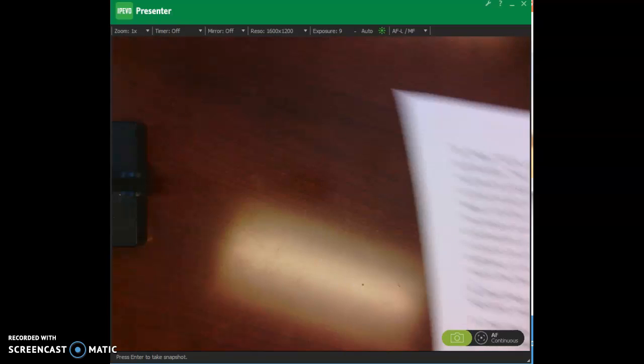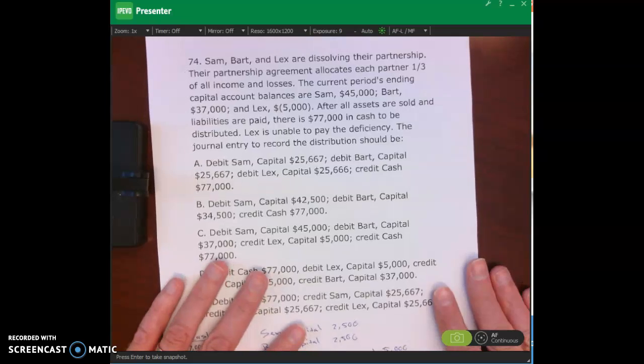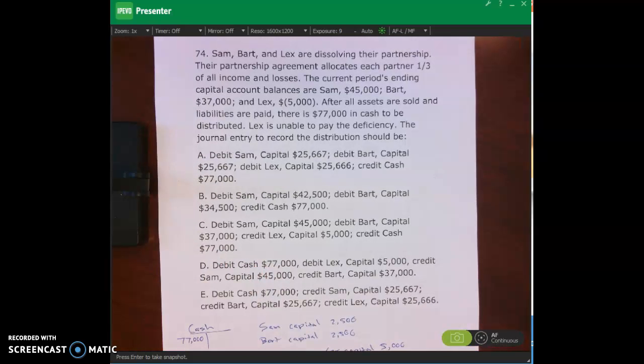Let's look at the last one here for Chapter 12, number 74. Sam, Bart, and Lex are dissolving their partnership. Their partnership agreement allocates 1/3 of all income and losses to each, so basically equal sharing. The current period's ending account balances are Sam 45, Bart 37, and Lex a debit balance of 5,000. After all assets are sold and liabilities are paid, there is $77,000 cash to be distributed.